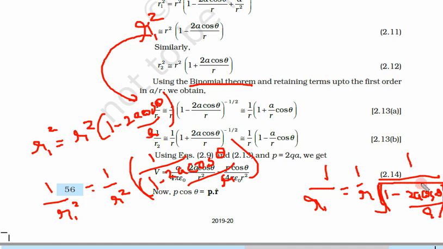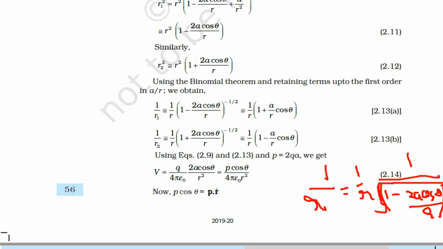Under root means power half, and now we apply the binomial theorem. So 1 upon r1 is nearly equal to 1 upon r.